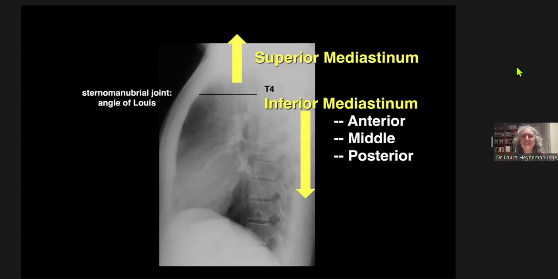All right, so there are a variety of classification systems for the mediastinum. Most of them are based on the lateral radiograph and various different landmarks that can be seen on the radiograph. Some people start off by dividing the mediastinum into superior and inferior mediastinum.